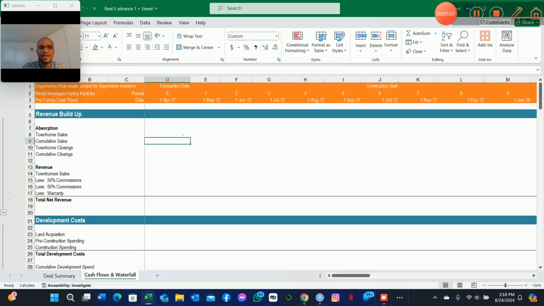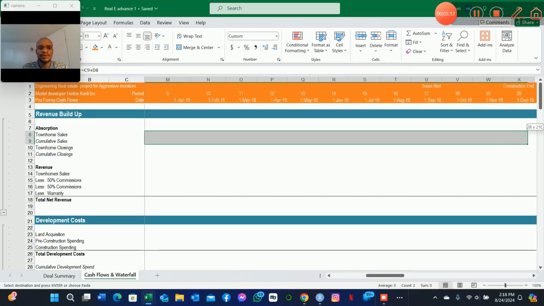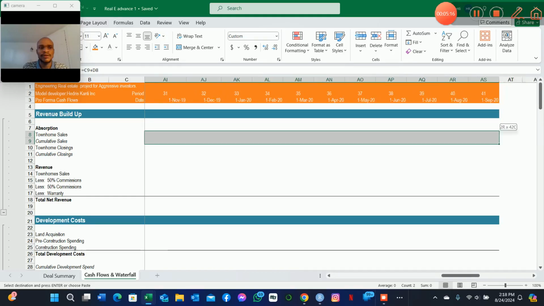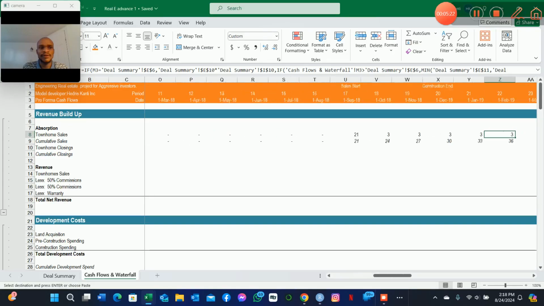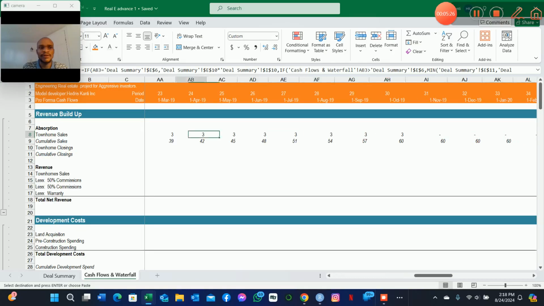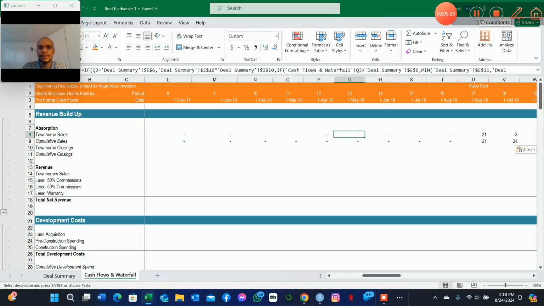And then for the cumulative sales, it's going to be equal to the prior plus the current. So we can take all of this all the way to the end of the cash flows to see what happens there. As you can see, the formula just gives us what we want.